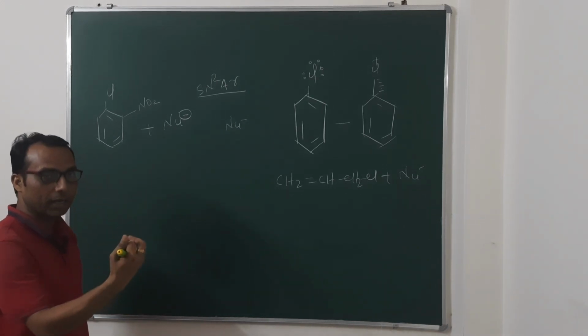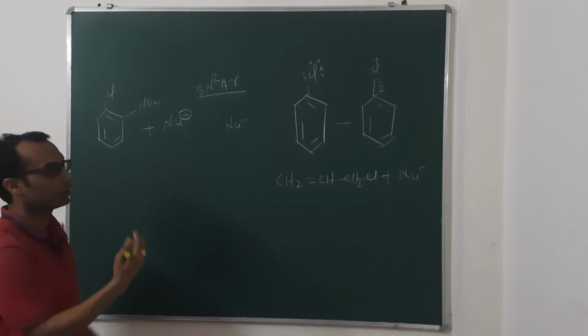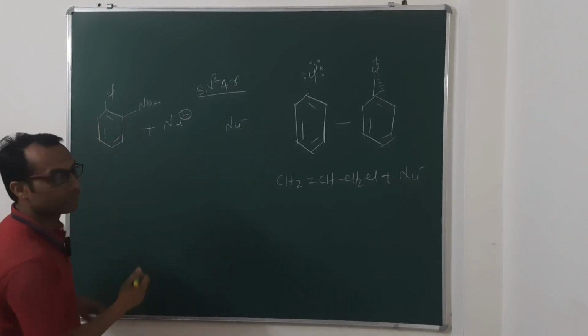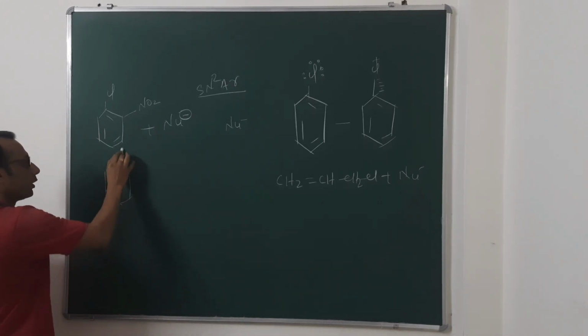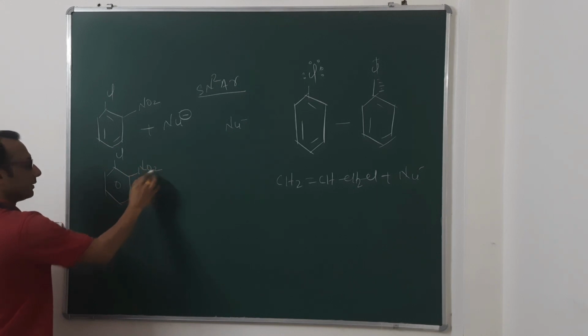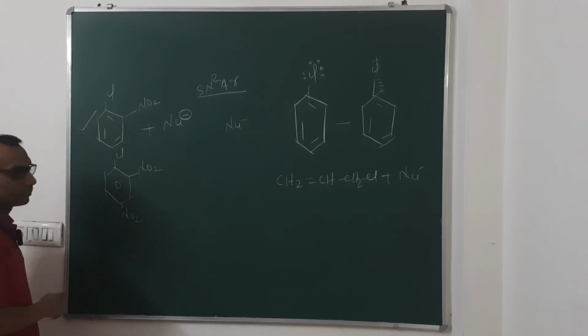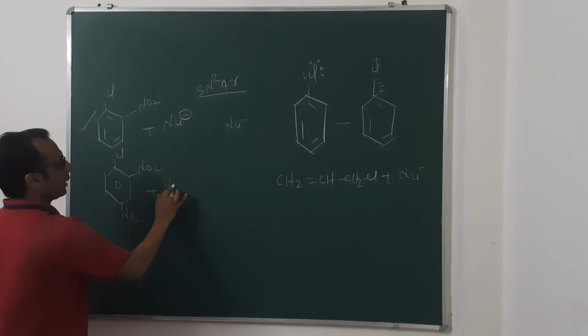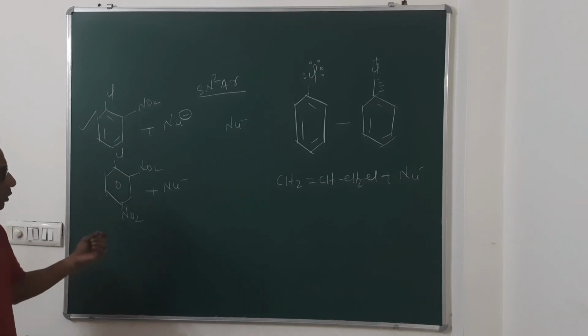So SNAr is possible when more and more electron withdrawing groups are attached to the benzene ring. When two electron withdrawing groups are attached, that is much easier than the first. When we take a negative nucleophile, it will attach much faster than to the first compound.